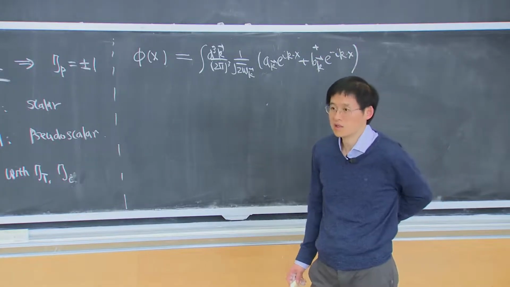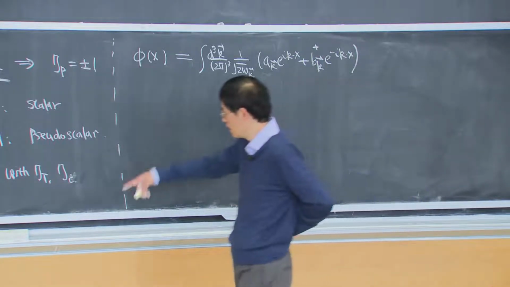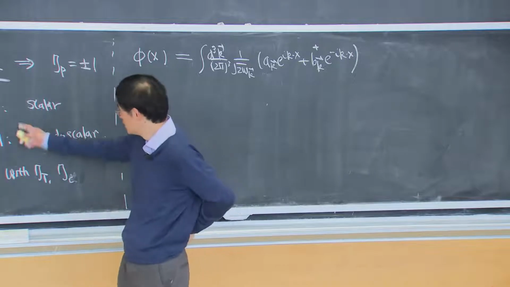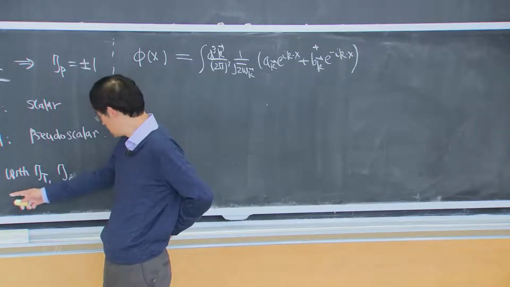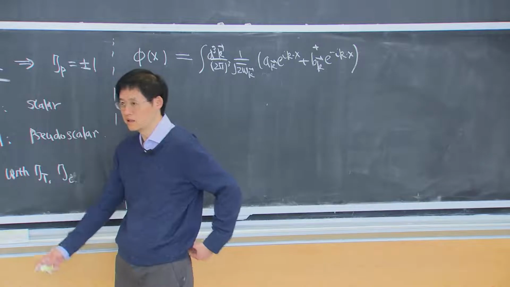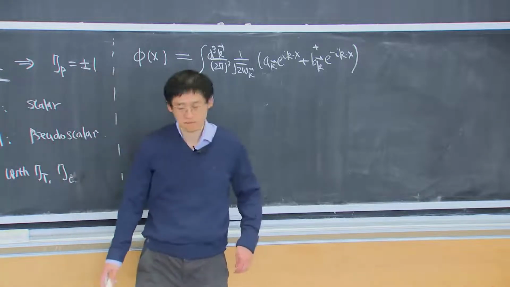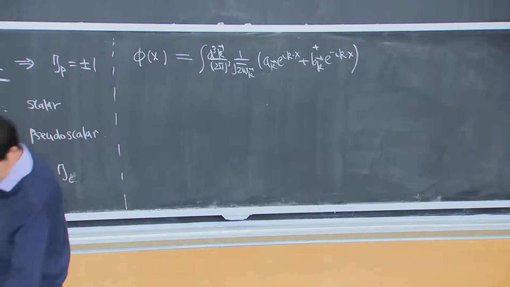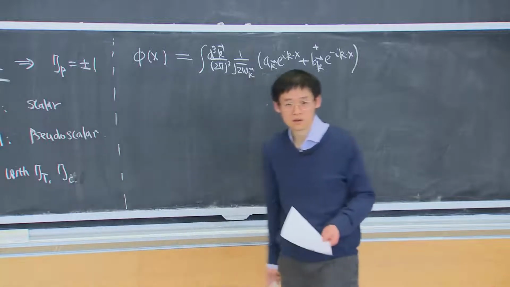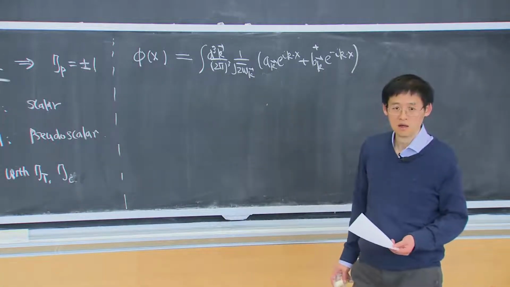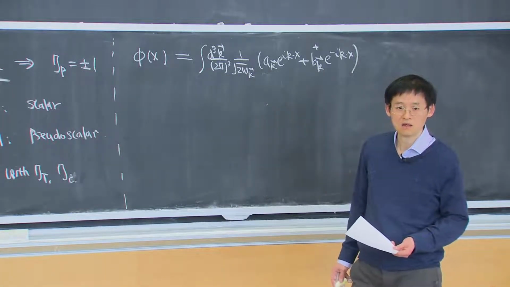No, they don't have to be. Say this equal to 1, eta_P can be -1. Yes? Can you say if eta is one, scalar in what sense, especially if the other etas don't have to follow?